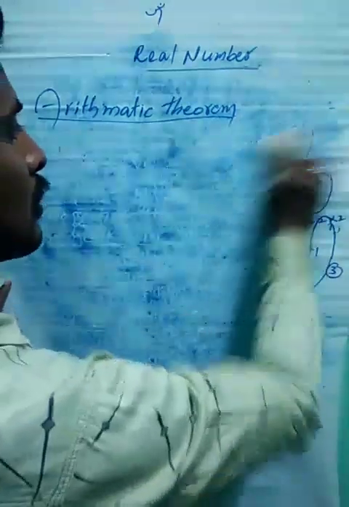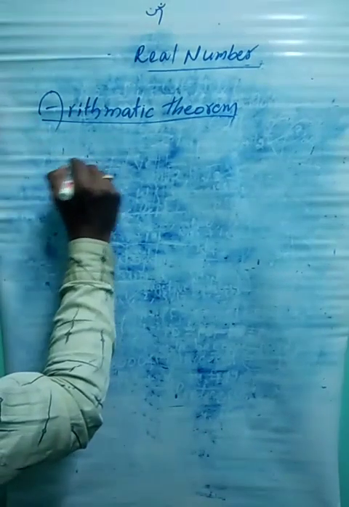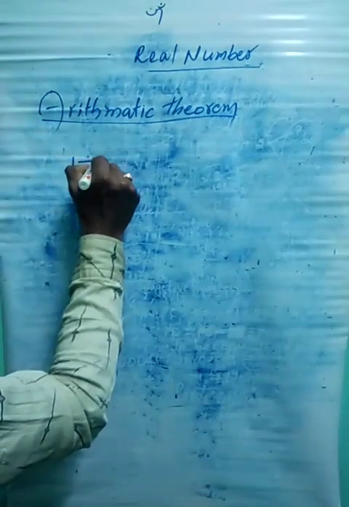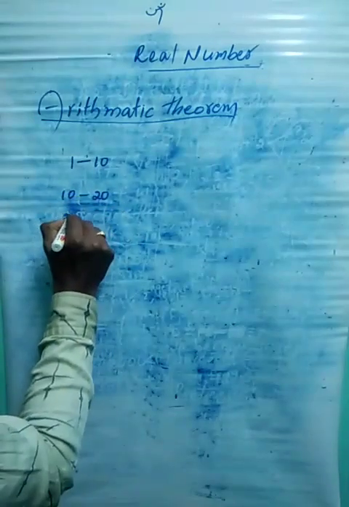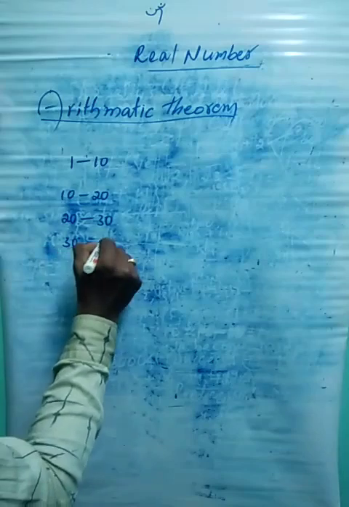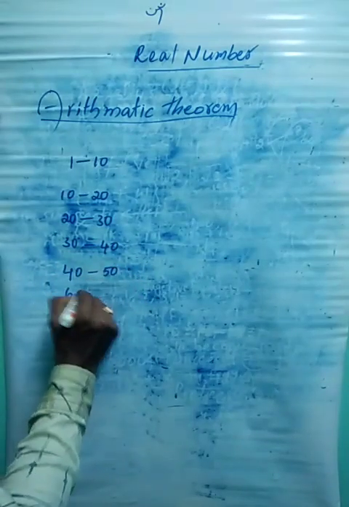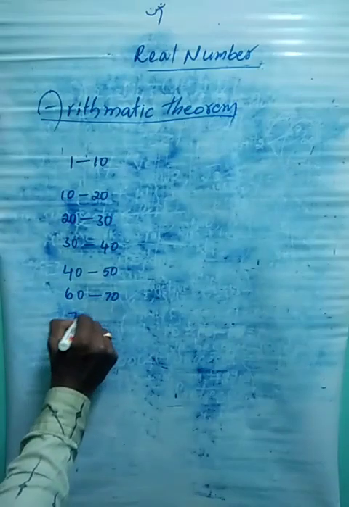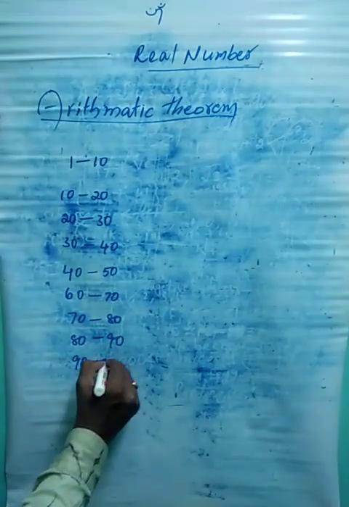Now, how to know the prime numbers? First, I am giving you a code also for these prime numbers. Okay, so first of all, 1 to 10, 10 to 20, 20 to 30, 30 to 40, 40 to 50, 60 to 70, 70 to 80, 80 to 90, 90 to 100.